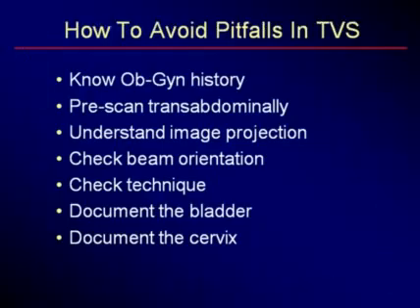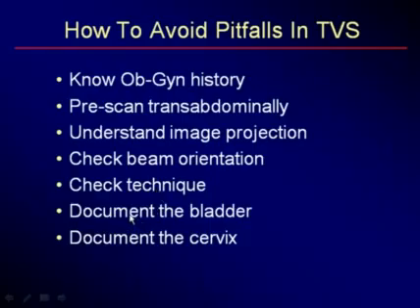So in review then, how do we avoid pitfalls in transvaginal sonography? We go systematically. We get a good history. We pre-scan transabdominally. We make sure we understand how the beam's coming out of the transducer and how our image is projected onto the screen. We check our technique.